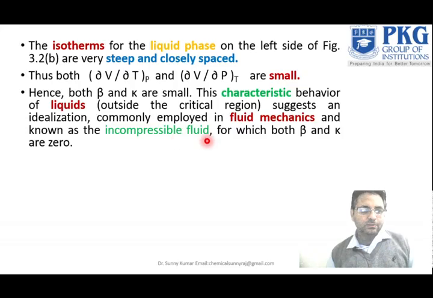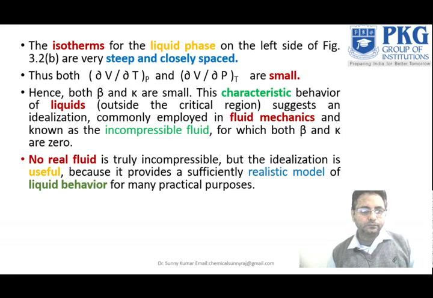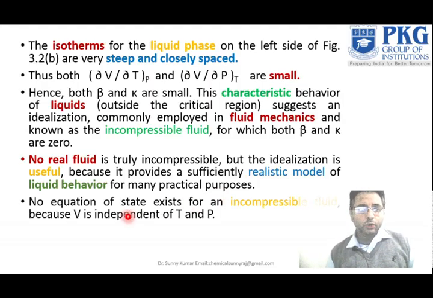No real fluid is truly incompressible, but the idealization is useful because it provides a sufficiently realistic model of liquid behavior for many practical purposes. No equation of state exists for an incompressible fluid because V is independent of temperature and pressure.